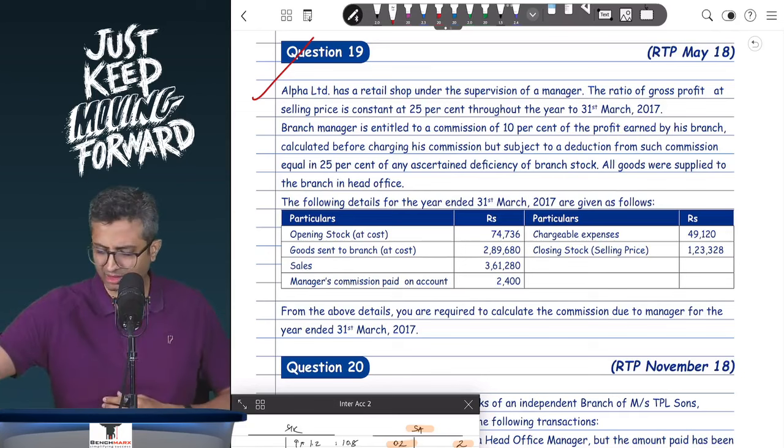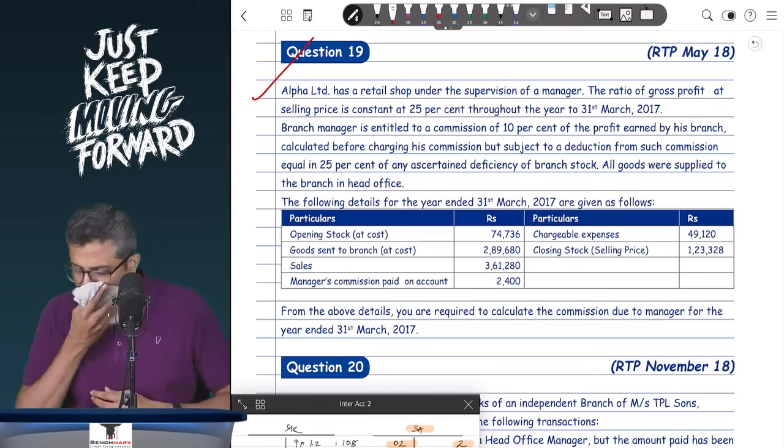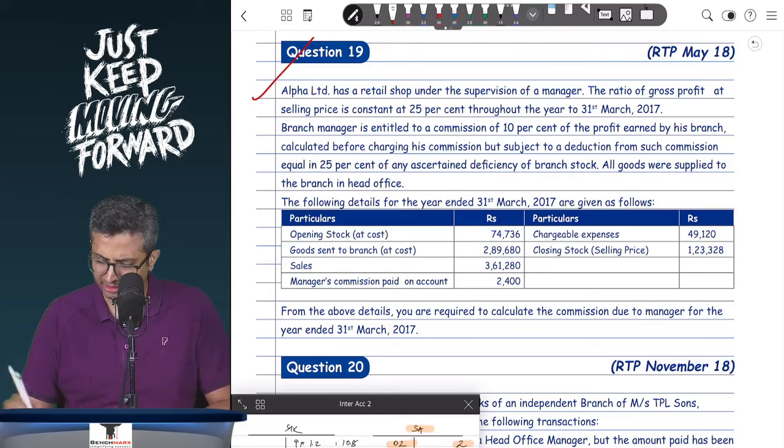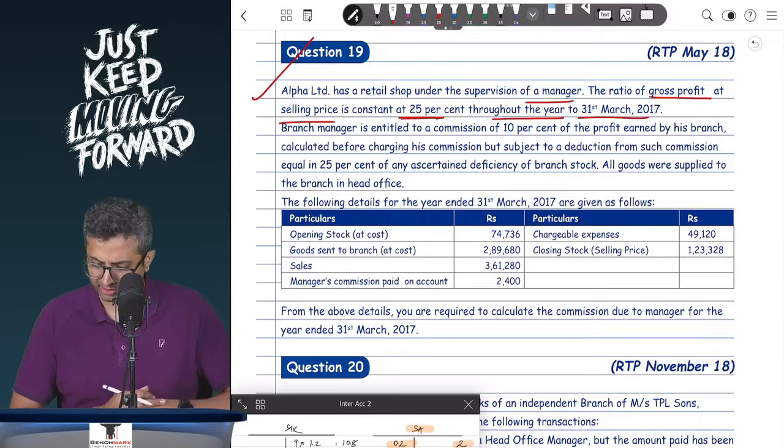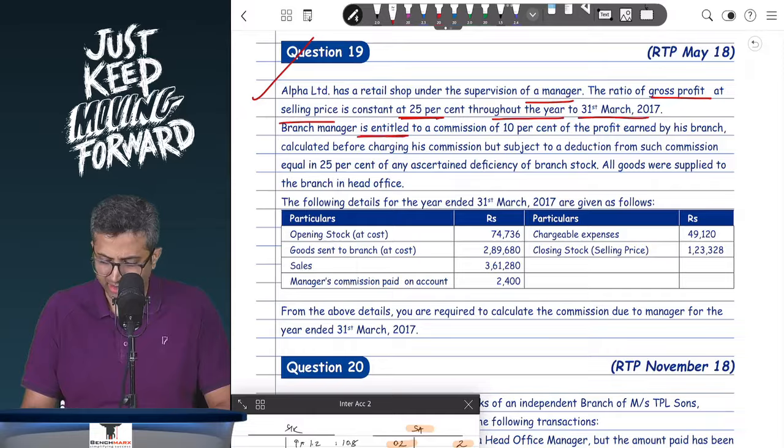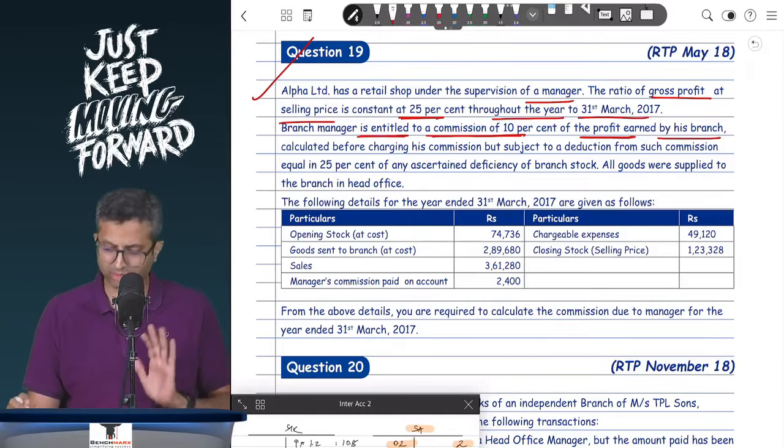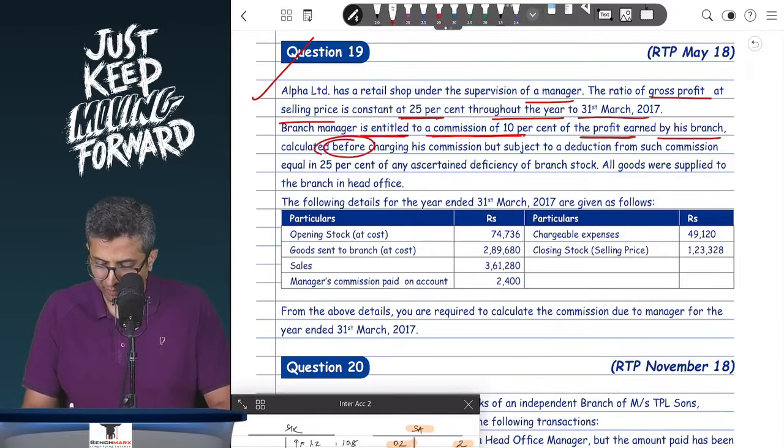Now Alpha has a retail shop under the supervision of a manager. The ratio of gross profit to the selling price is 25% throughout the year up to 31st March 2027. The branch manager is entitled to a commission of 10% of the profit of its branch. This is 10% of the profit calculated before charging his commission.